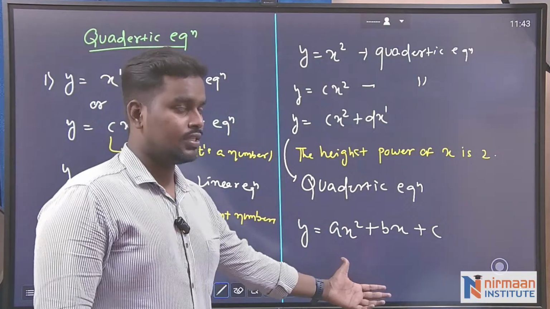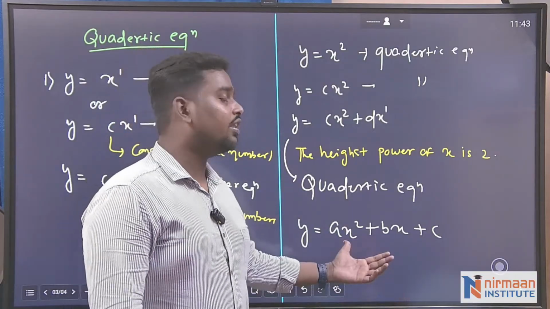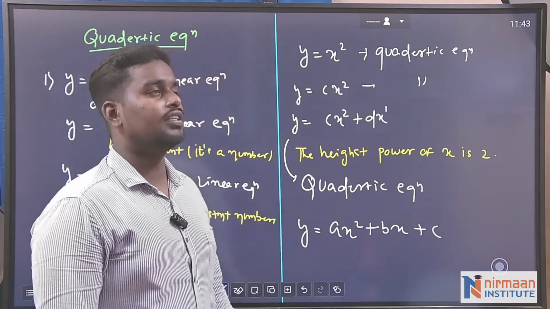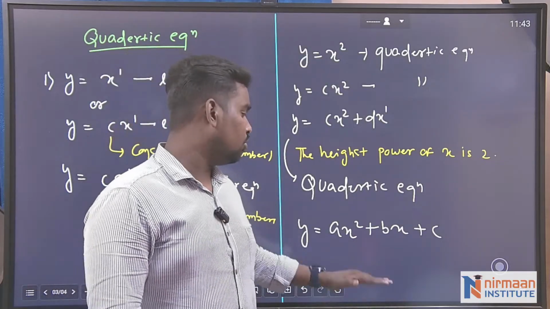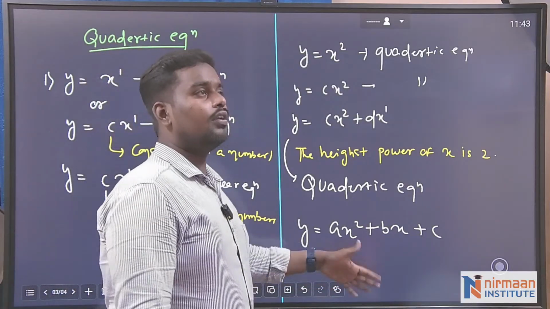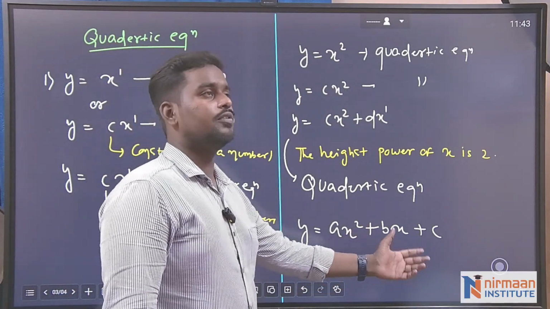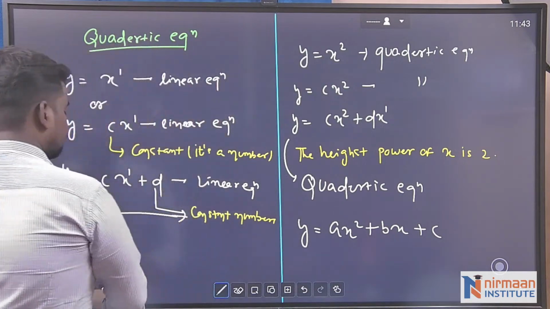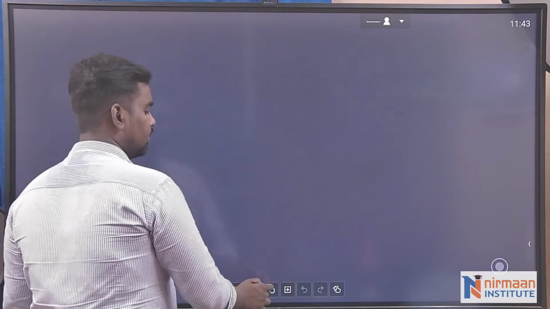Which variable here? x. And what is the highest power of x? 2, right? So it's a quadratic equation. We'll talk about this equation, y equal to ax square plus bx plus c, more later.